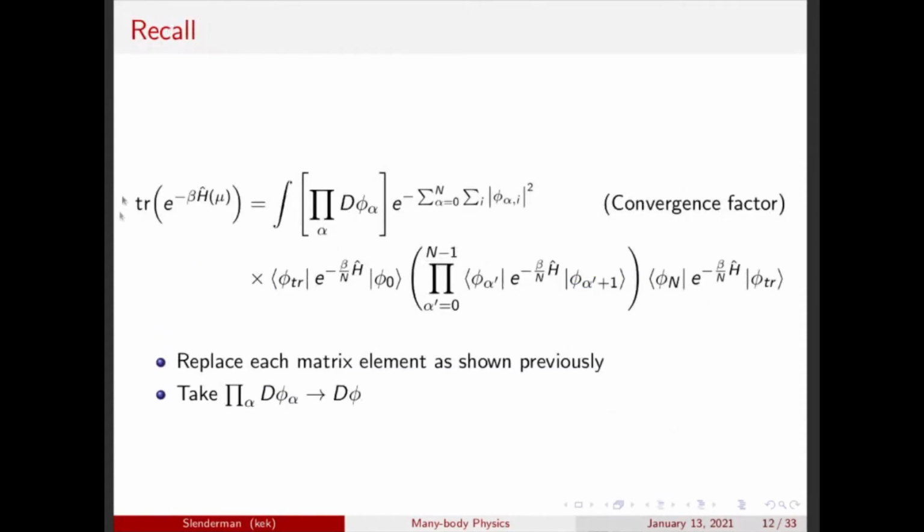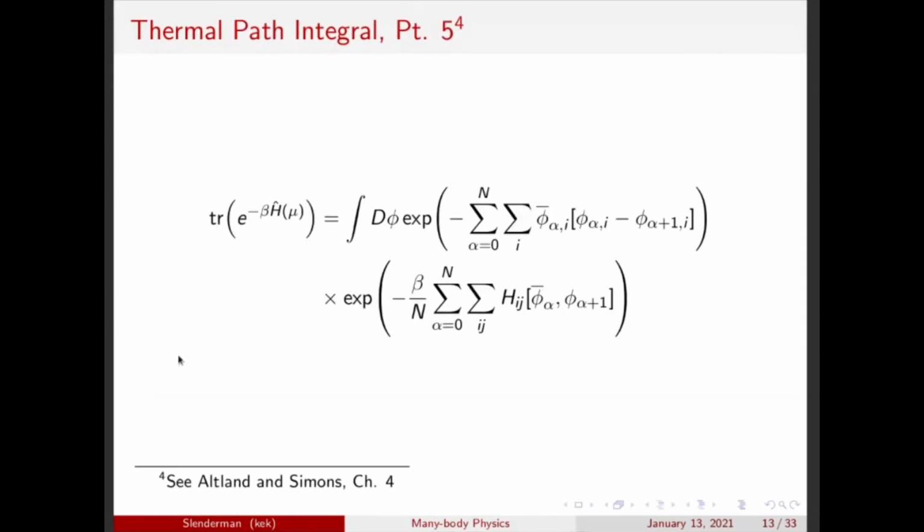And here I'm reminding you of what we're computing. It's the trace of e to the minus beta h. I've included this mu dependence just to remind you that we can take derivatives with respect to mu to get different quantities like the electron density. This is just a reminder from a previous slide. We have the coherent state overlap terms and a lot of matrix elements from subdividing our Hamiltonian into small bits.